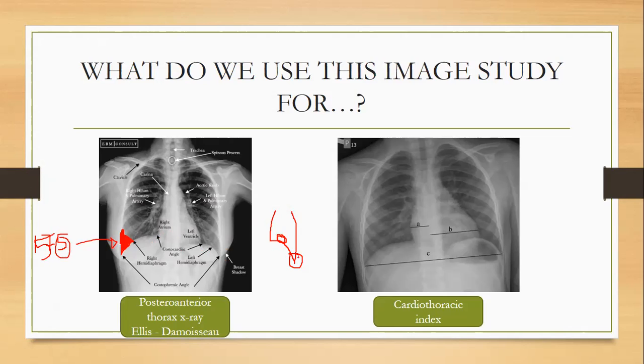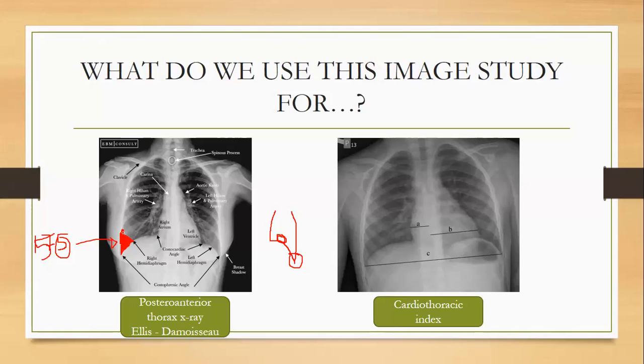However, as I was telling you, the posterior one needs less fluid to erase the posterior costophrenic angle because it's lower, right? So how much fluid do we need to erase this posterior costophrenic angle? We just need 75 milliliters, okay?